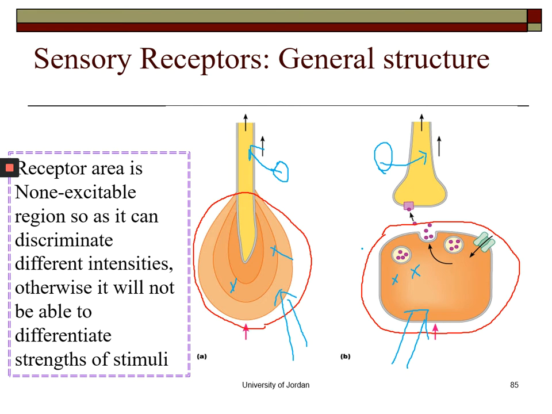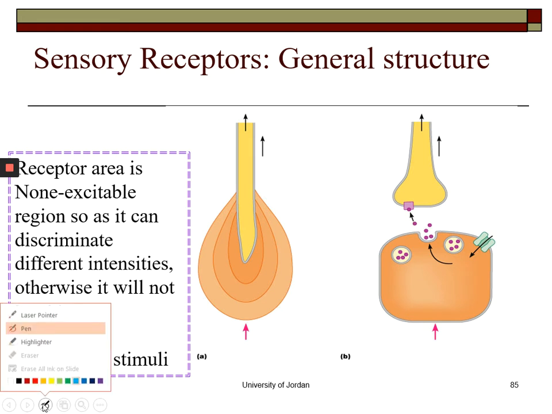Plus 30 will cause 1000 impulses. If it comes to the cerebral cortex as 1000, this is the third time, fourth time. So the system will not be able to differentiate between different strengths of the stimulus if this area is excitable. Okay.